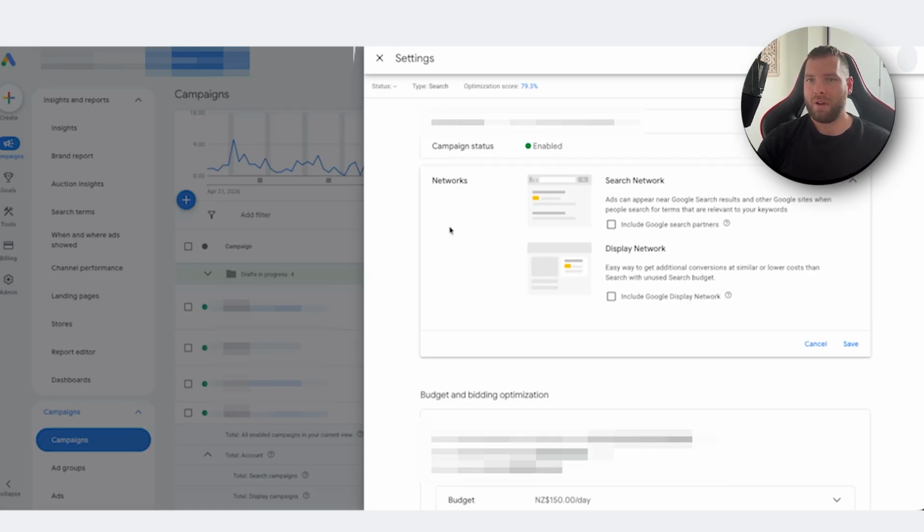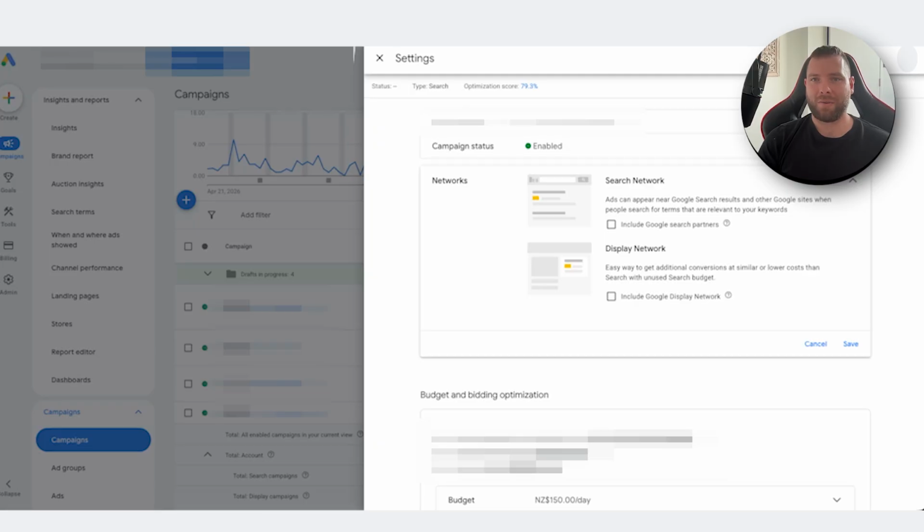So your random websites with display ads and all sorts of unqualified traffic, your clicks will go up, your click-through rate will go up, your leads will go down, your cost per lead will spike, and ultimately your high intent campaign will start to deteriorate. So make sure these are unticked so you're not wasting money on these underperforming networks.